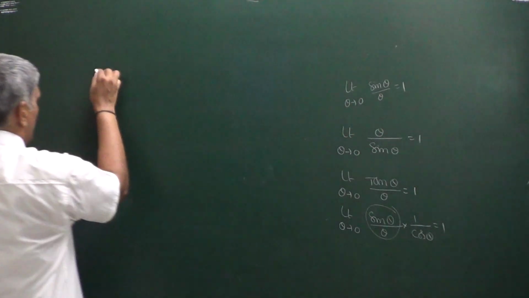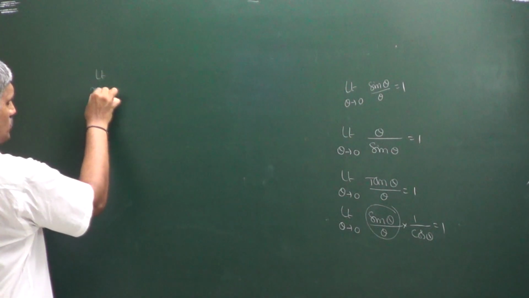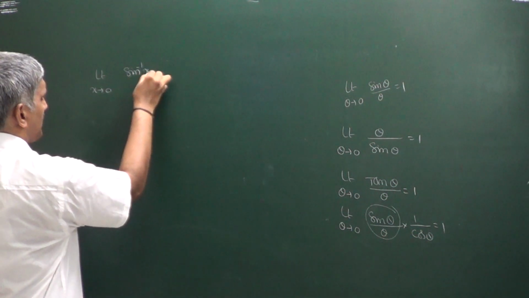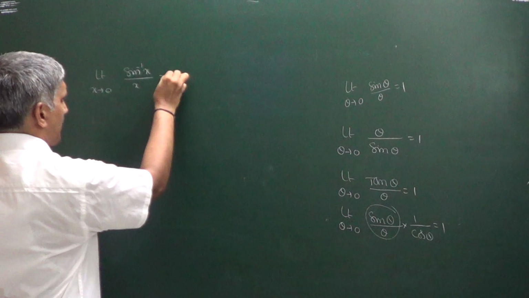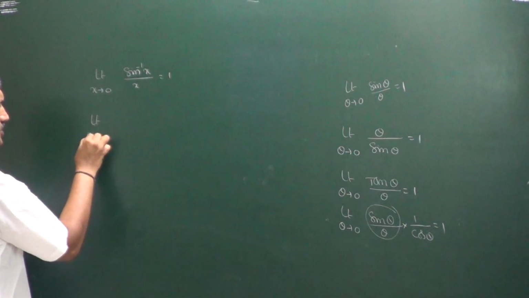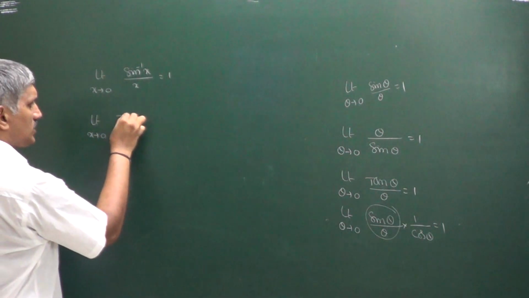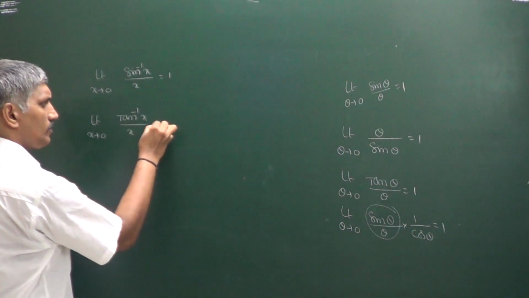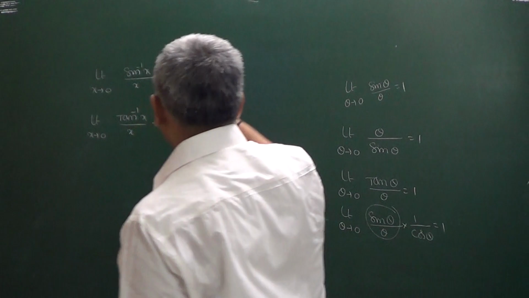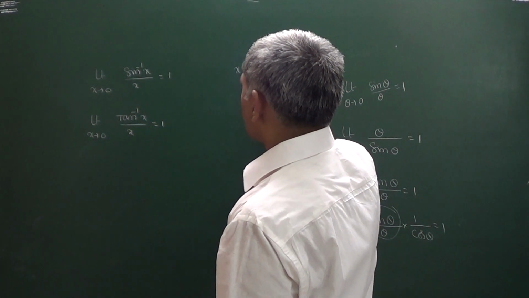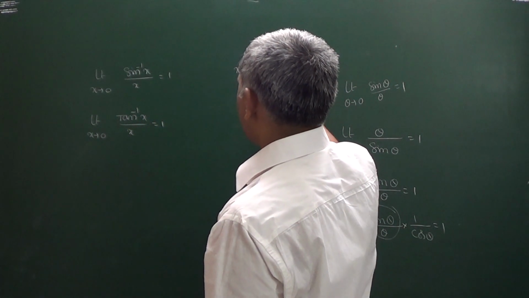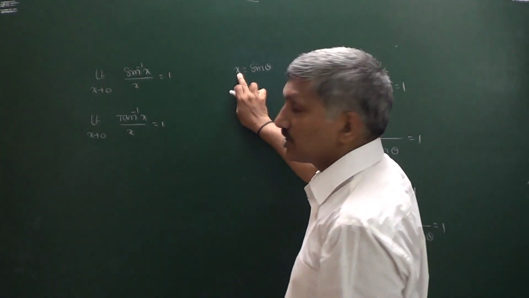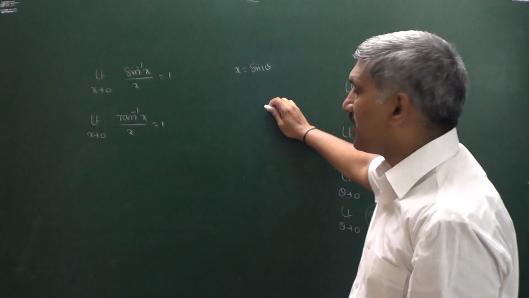At the same time, limit x tends to 0 sin inverse x divided by x we can write as 1, whereas limit x tends to 0 tan inverse x by x we can write as 1. The reason is, you can see here I am taking x is equal to sin theta. Whenever x is tending to 0, theta is tending to 0.